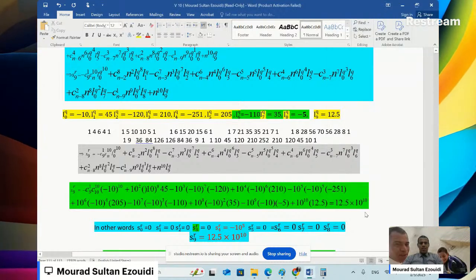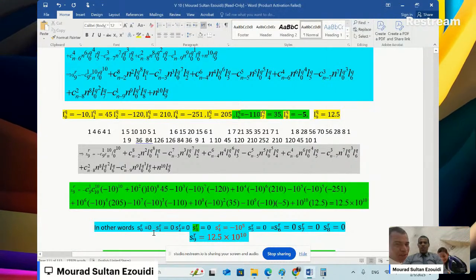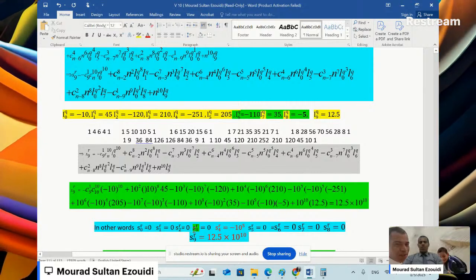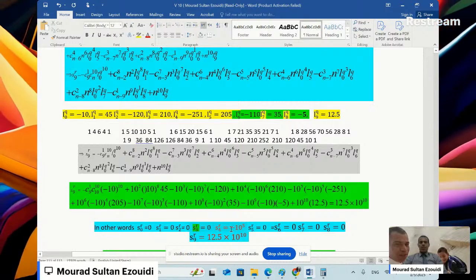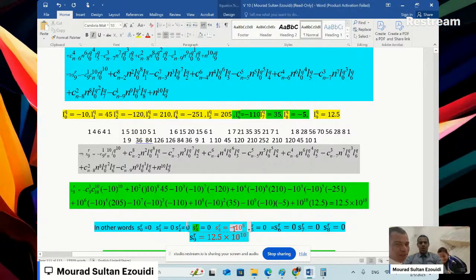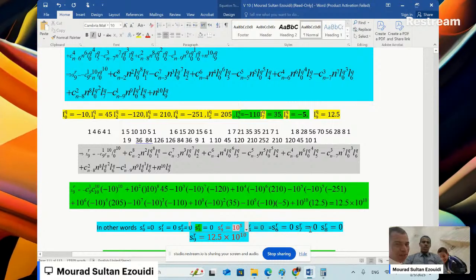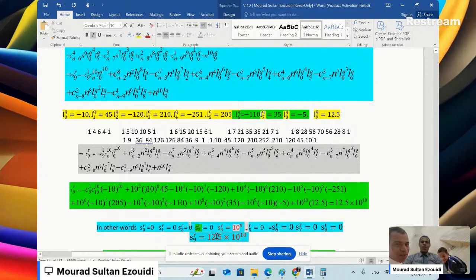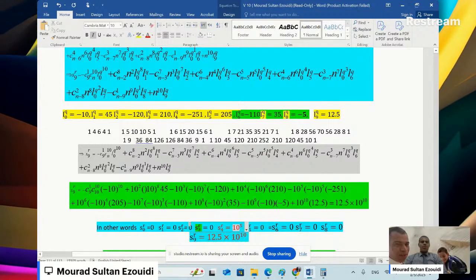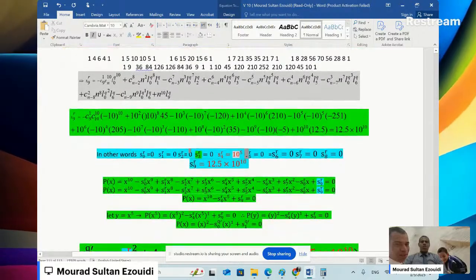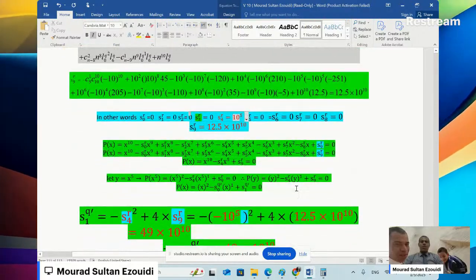Now let's summarize. In other words, S0 is equal to 0, S1 is equal to 0, S2 is equal to 0, S3 is equal to 0, S4 is equal to 10 raised to the power 5. S5 is 0, S6 is 0, S7 is 0, S8 is 0, but S9 is going to be 12.5 times 10 raised to the power 10. Therefore, the Newton identity for the equation has to be written as that.